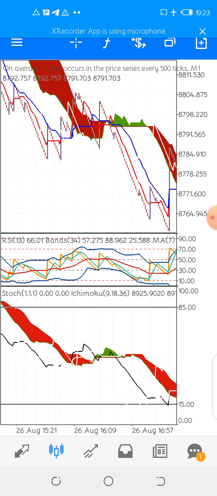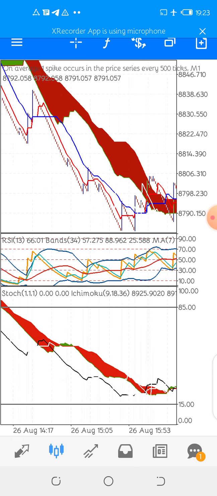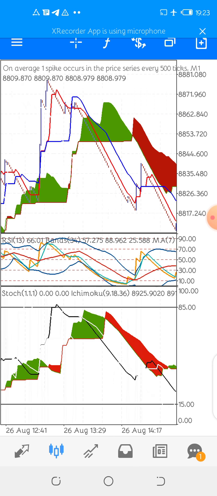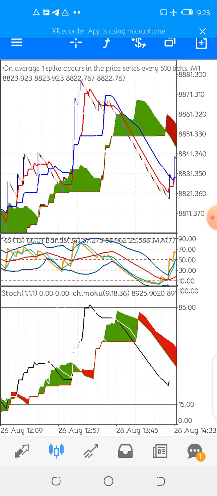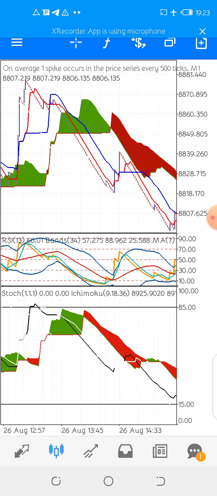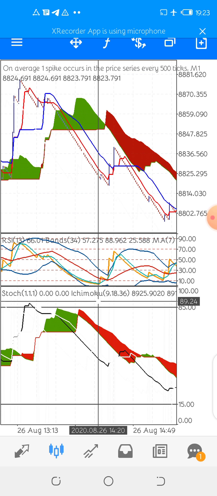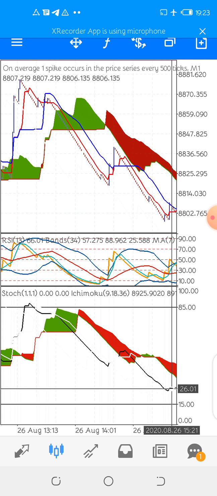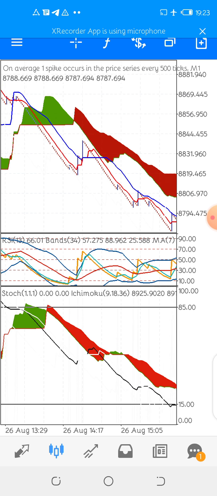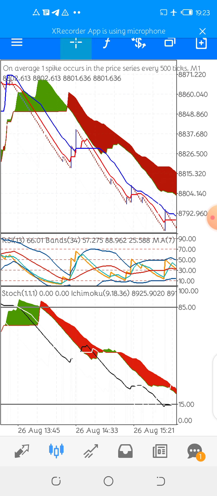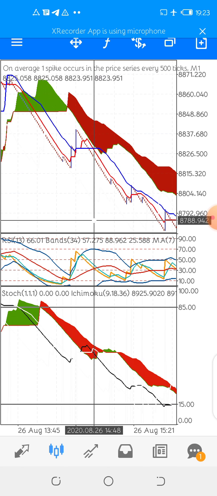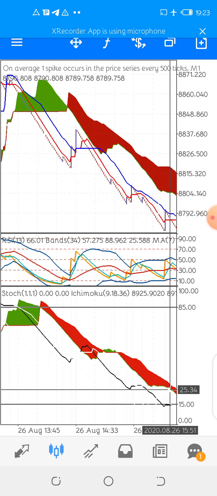Yeah, consolidation still down. So all this time, check here, we are more of touching level 15, but it's not spiking. Check there, we are touching level 15 here.